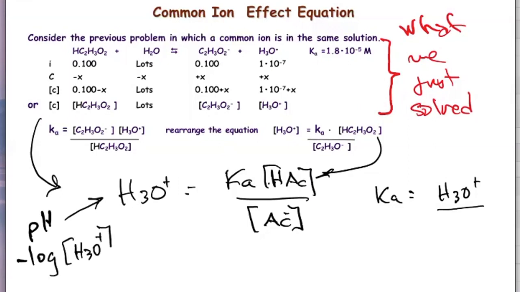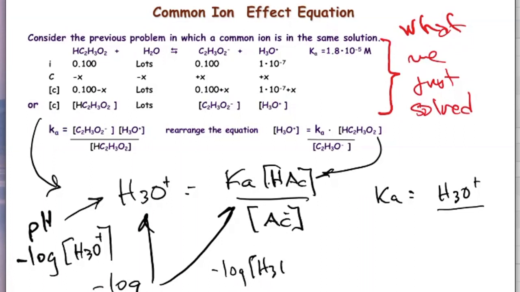So what if we take the negative log of all of these? Okay, what we'll see is that we have the negative log of the hydronium equals the negative log of Ka HAcO over AcO minus.